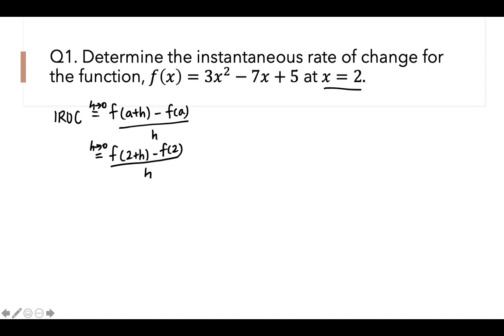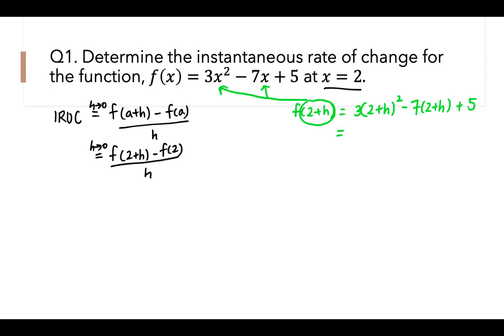So I will be doing the side work for the calculation. On the side, I will be doing f at 2 plus h, so you will be plugging 2 plus h into x. Therefore, it will look like 3 times 2 plus h squared minus 7 times 2 plus h plus 5.